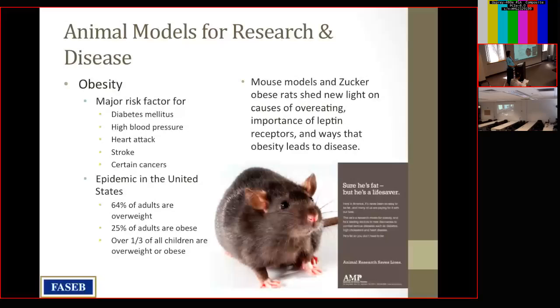We do have several mouse and rat models that allow us to study the development of obesity and the causes of overeating and weight gain. This guy here is the Zucker obese rat, also sometimes called the Zucker fatty rat. He has a mutation in the leptin receptor gene and is characterized by obesity, overeating, the development of type 2 diabetes, and high triglycerides.